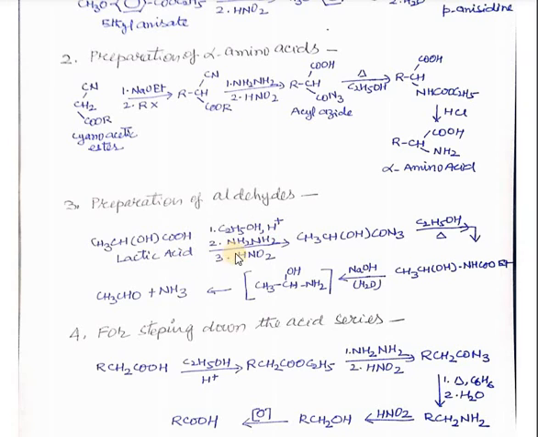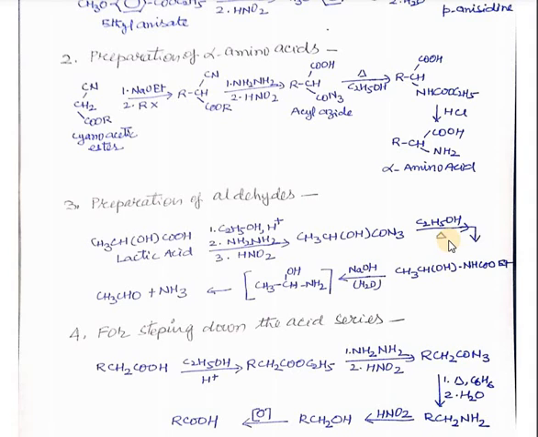I have written all these things to show you that we have seen this reaction earlier. That's why this acid is converted, first of all, into ester, then this ester will be converted into this acid azide. So we obtain acid azide.